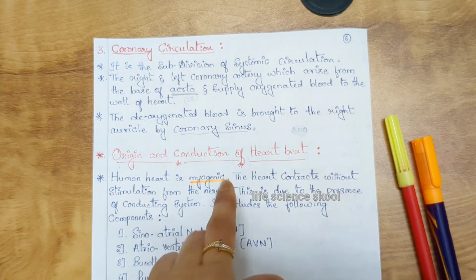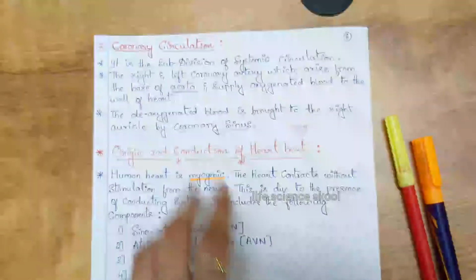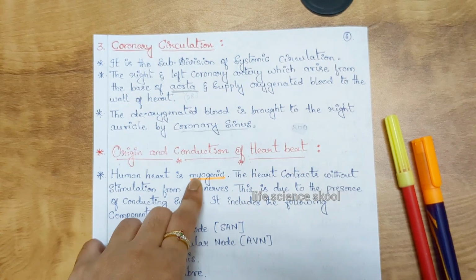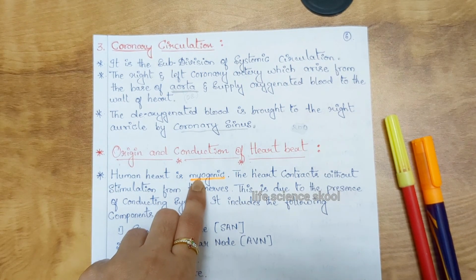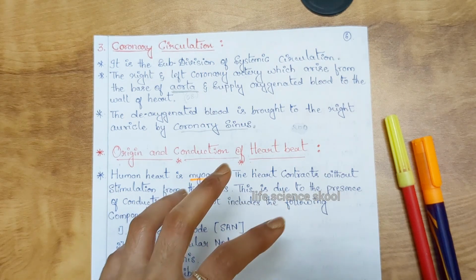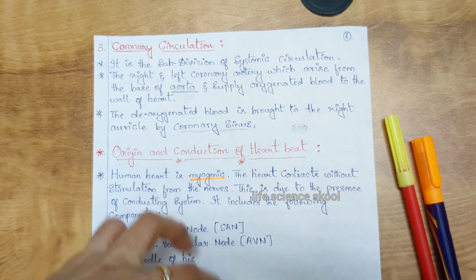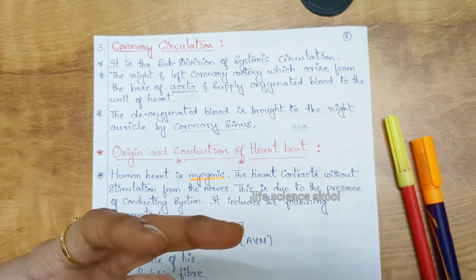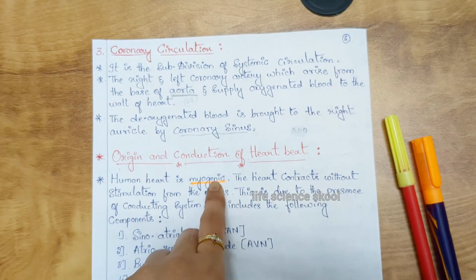Now what is a myogenic heart? As the name indicates, myo means muscle and genic means origin. Here the impulses originate from the muscle cells, and that type of heart is called a myogenic heart.